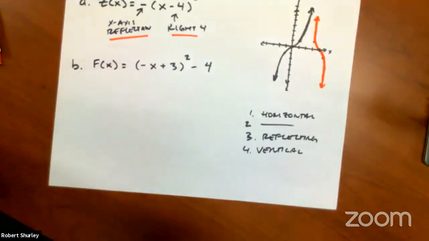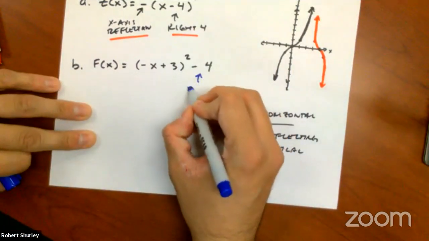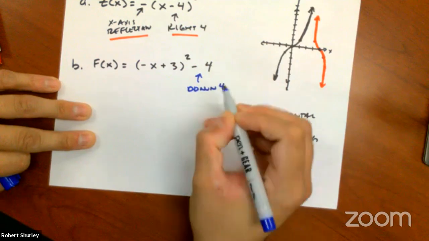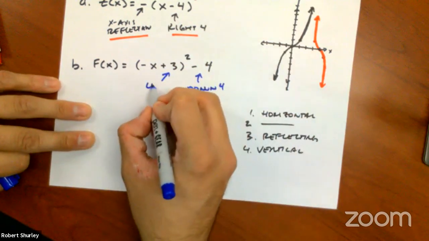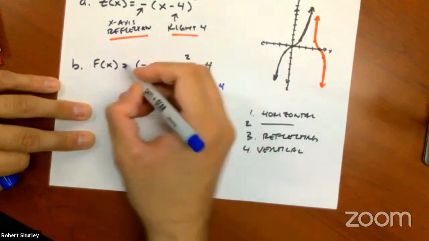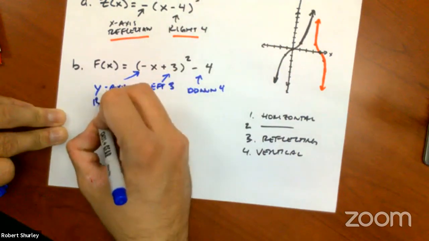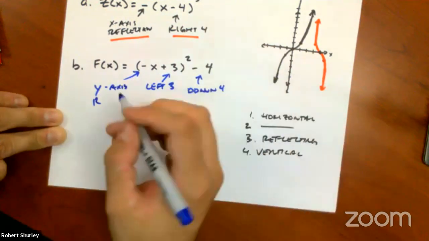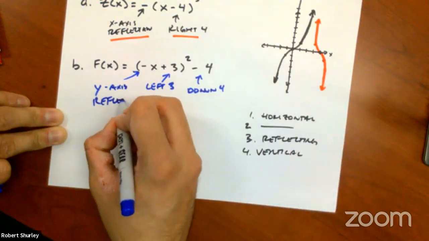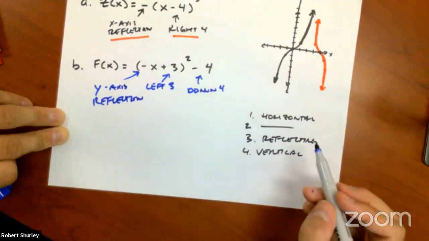So now let's do the capital F of x. Now this is down 4. This is to the left 3. Now this is a y-axis reflection, which is going to look really similar to the x-axis one for this one. So first I've got to do the horizontal.